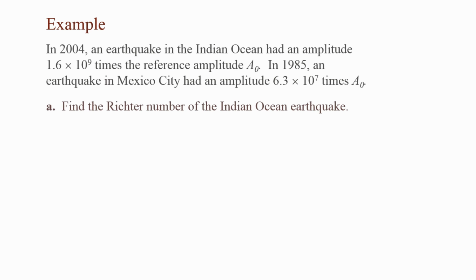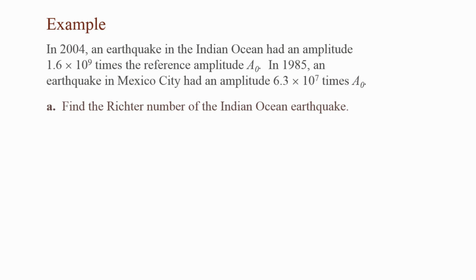In this example, in 2004, an earthquake in the Indian Ocean had an amplitude 1.6 times 10 to the 9th times the reference amplitude A sub 0. In 1985, an earthquake in Mexico City had an amplitude 6.3 times 10 to the 7th times A sub 0. We want to find the Richter number of the Indian Ocean earthquake.